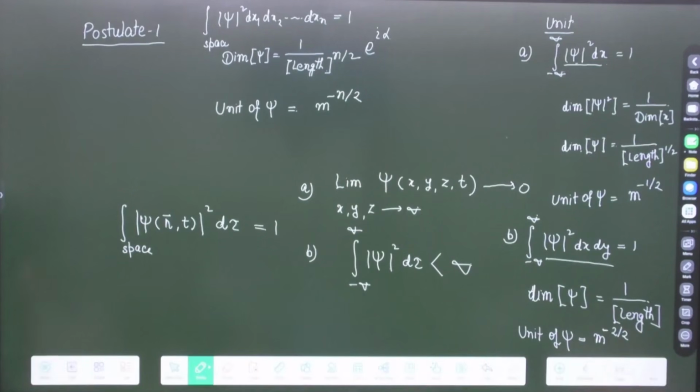You also need one more thing. Sometimes in numericals you can use this property.